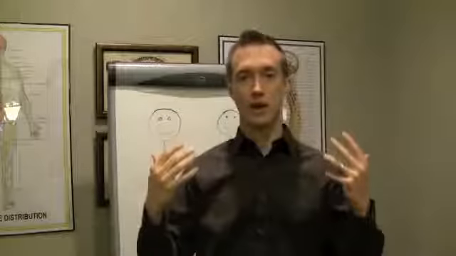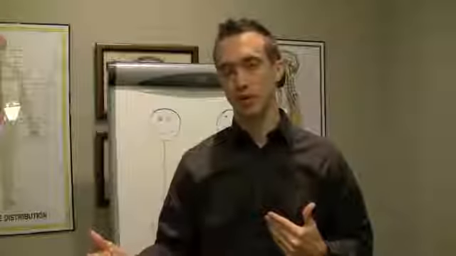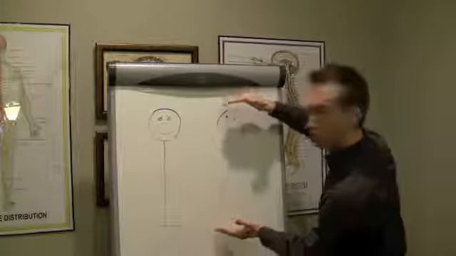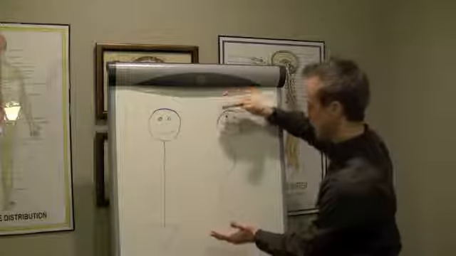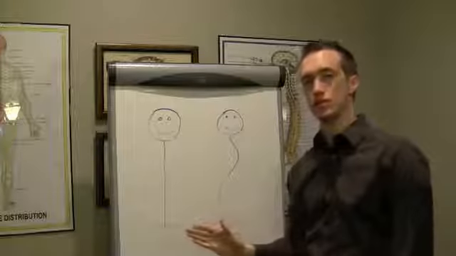So you're loading your spine properly, and it's going to develop properly and be healthier for a longer period of time. But when the spine is shifted off to the side and you compress down on that, there's going to be uneven weight distribution from one side of that curve to the other.